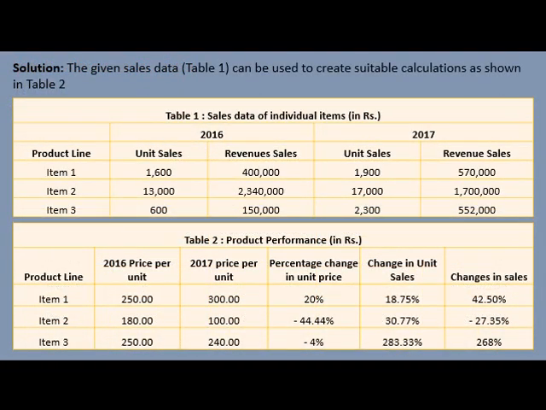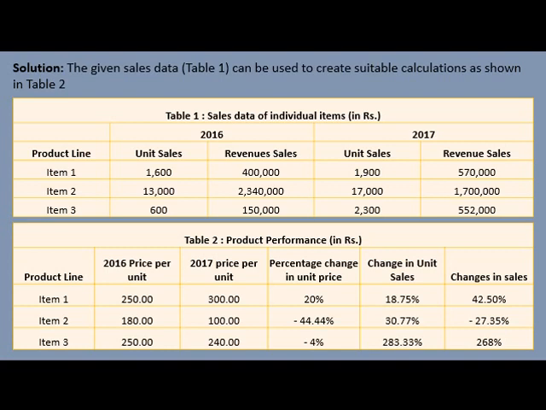In order to perform product performance analysis, and with the data provided in Table 1, we need to create Table 2 by performing suitable calculations. Table 2 consists of calculating price per unit in the year 2016 and 2017, which will provide us the per unit price change during 2017 and 2016.